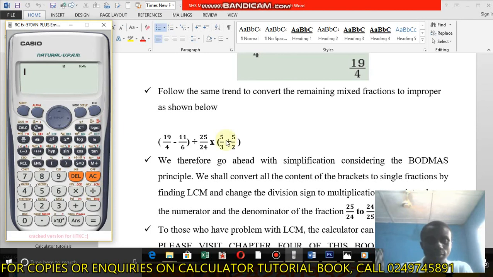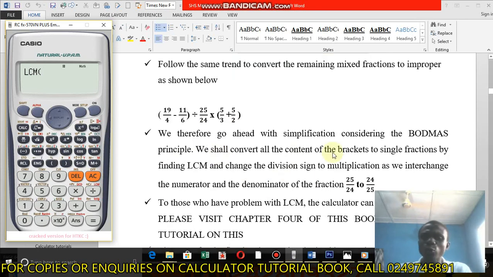The simulator doesn't respond as easily as your physical device, so yours will not have any issue with it. Simulating takes some time. Okay, so 19 over 4 minus 11 over 6, we want to simplify.